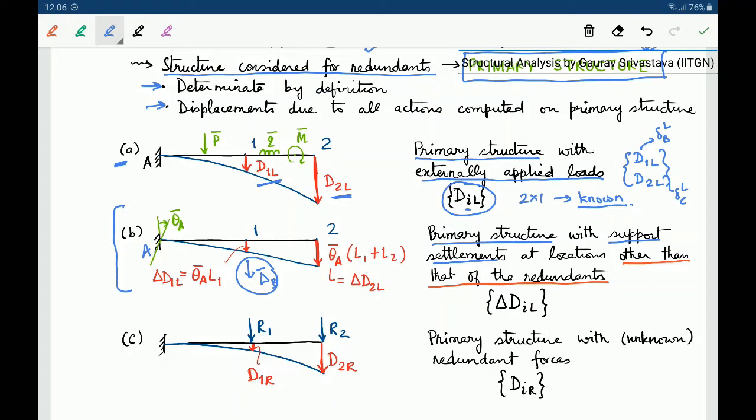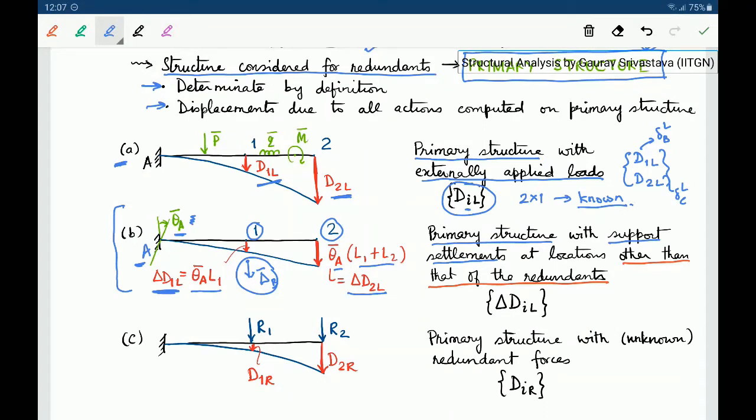Now at A there is no redundant, so we consider the support moment or rotation of point A, or if there was a settlement at point A, that also we would consider. Because of this rotation theta A bar, we again compute the displacements at coordinate 1 and coordinate 2. Since we are into small deformation analysis, delta D1L, the displacement of point 1 due to the support rotation, will be simply theta A bar times L1, and delta D2L will be just theta A bar times L1 plus L2.